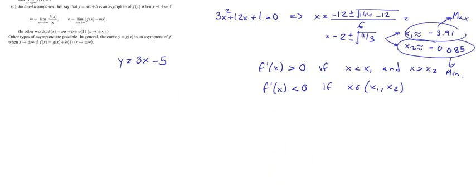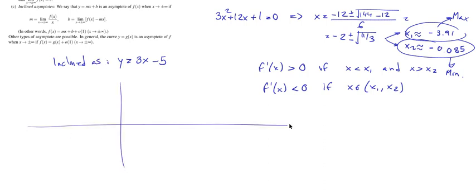Let me see if I can plot this thing. Okay, so let's see. We have that there's a vertical asymptote at -2, right? So we have this. Oops, sorry. Okay, -2. We know that the limit when you go to minus 2 from the right is plus infinity, and minus infinity here.